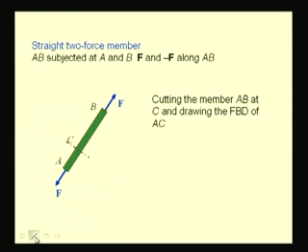Let us draw the free body diagram of the portion AC. We have the external force F acting at A, and at C the various parts of these members develop internal forces that hold them together with the parts or portion of CB.